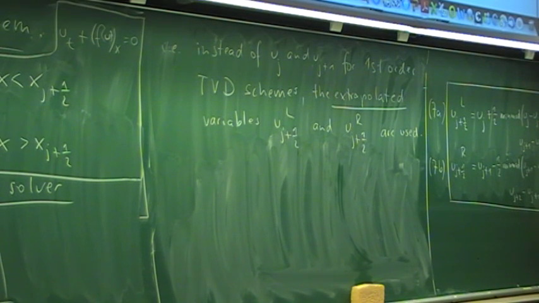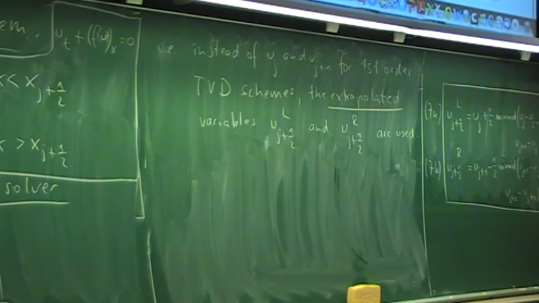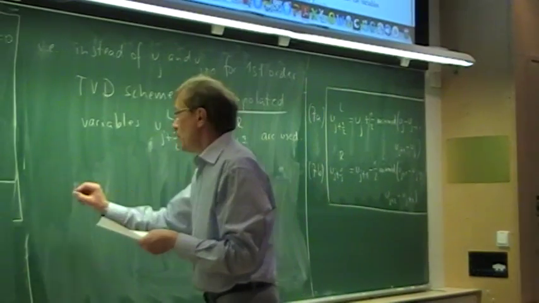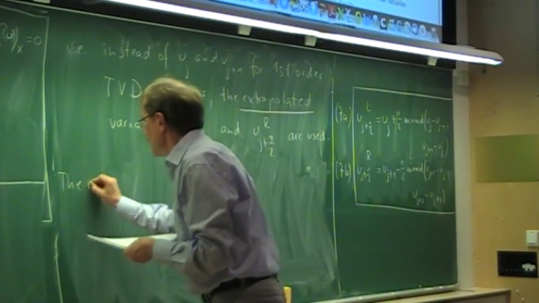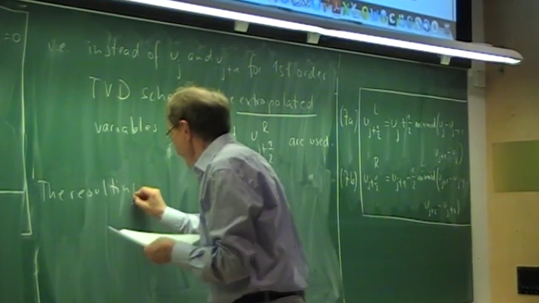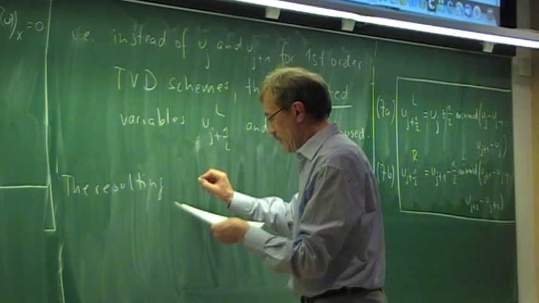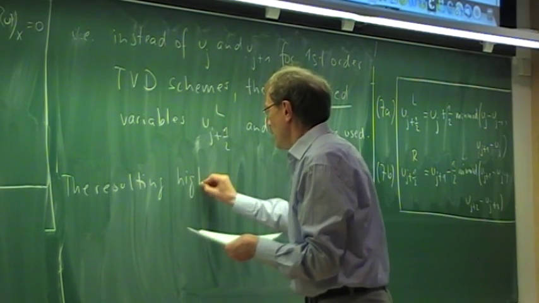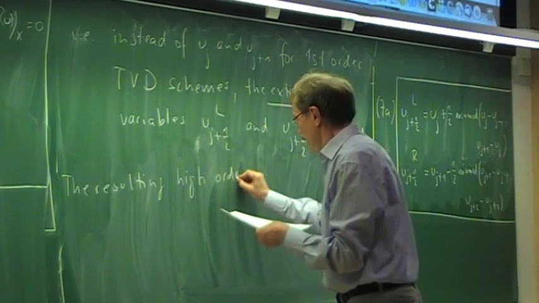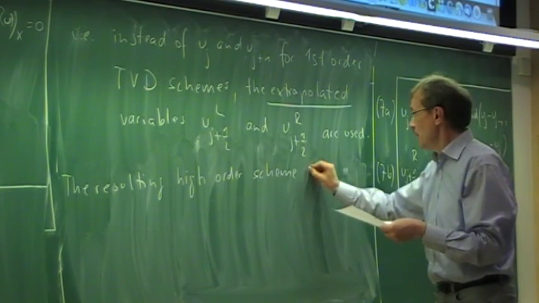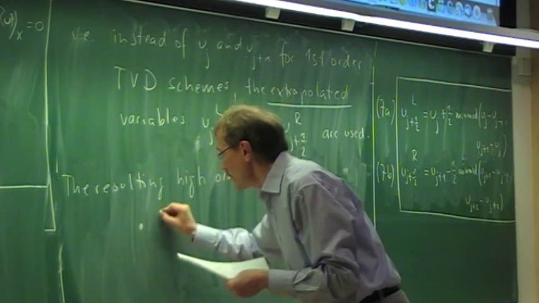And the nice thing is that with this approach we get higher order away from extrema. Near extrema we fall back to the first order method. So the resulting scheme is a high order scheme, an example of a high resolution scheme, which is a good thing.